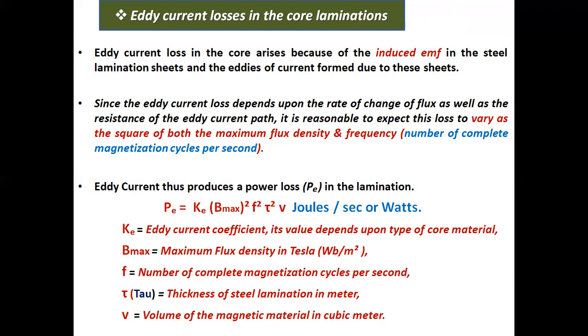Bmax is the maximum flux density in Tesla or Weber per meter square. f is the number of complete magnetization cycles per second. Tau is the thickness of steel laminations in meters. V is the volume of the magnetic material in cubic meters.